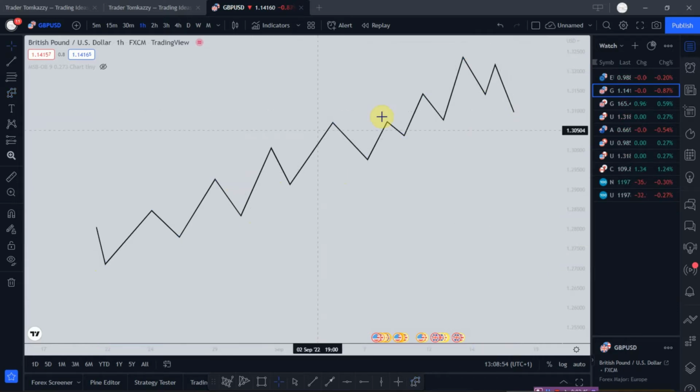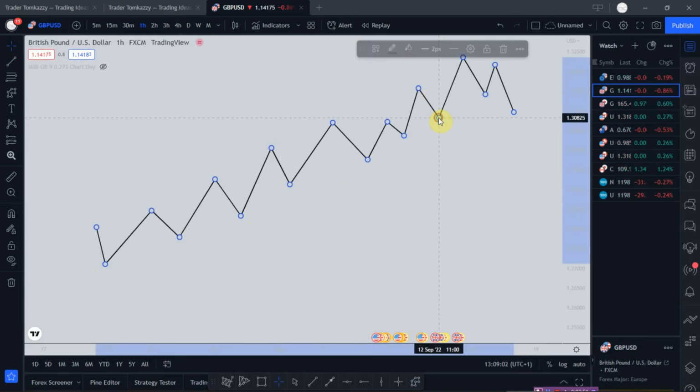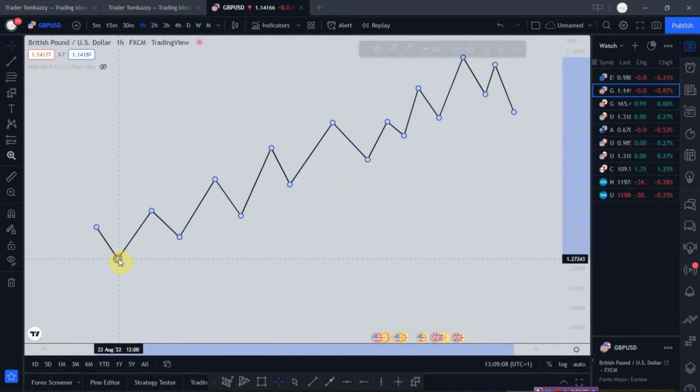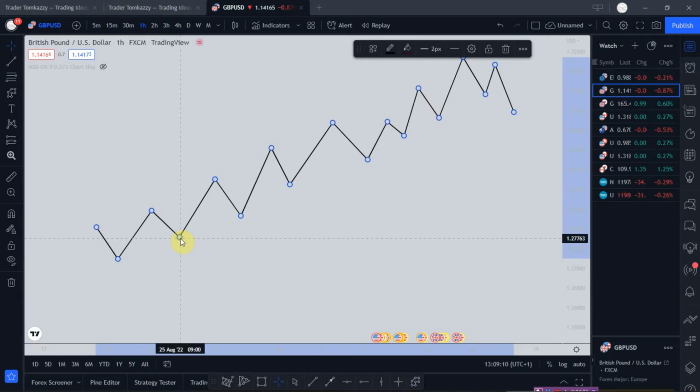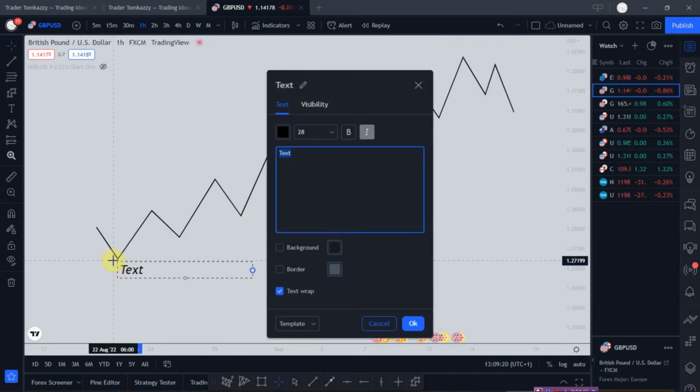Okay, so now if you see the market doing this, then we say that the market is in an uptrend. It is forming higher highs and higher lows. So we have our first higher low here.